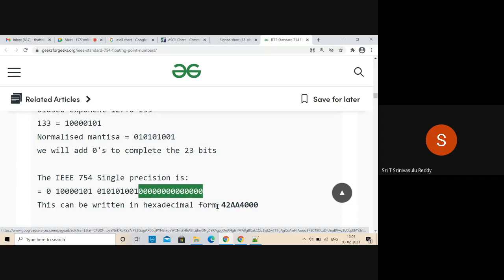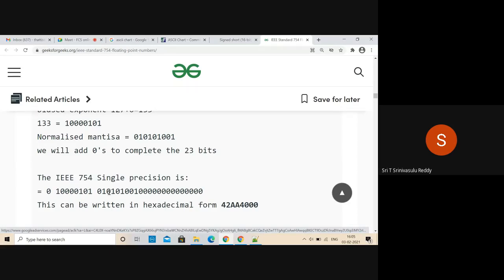The same thing in hexadecimal notation is represented like this. Hexadecimal means you have to consider 4 bits at a time. The first one is naturally 4. And then the next 4 is going to be this: 0, 0, 1, 0 is 2.